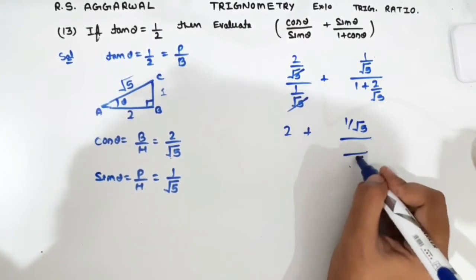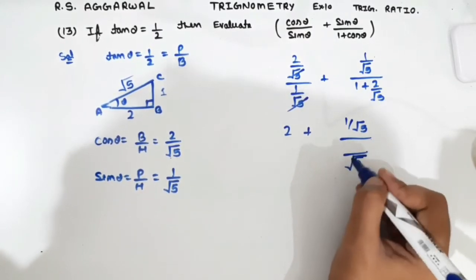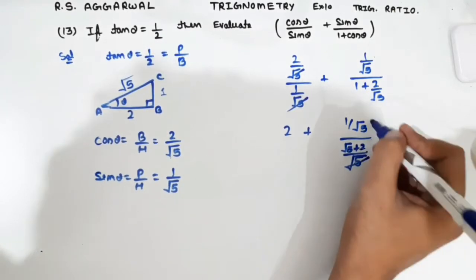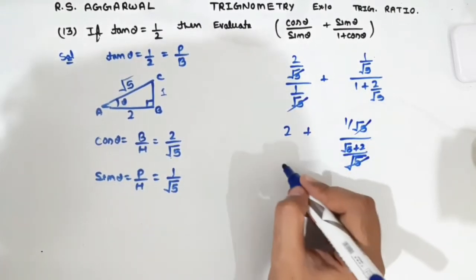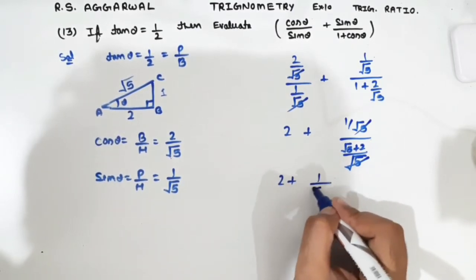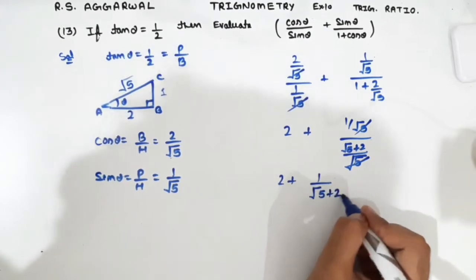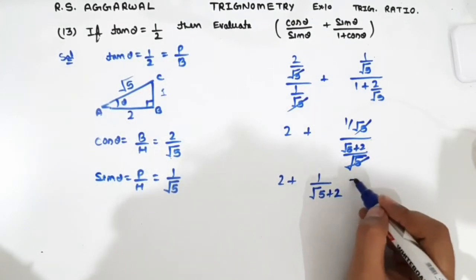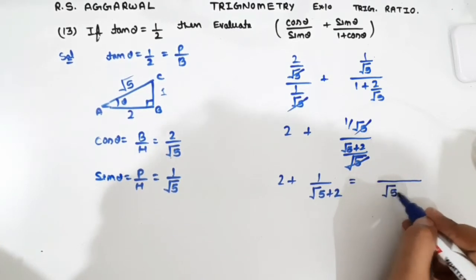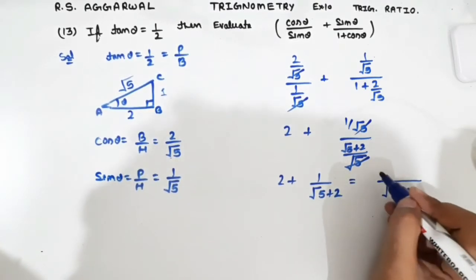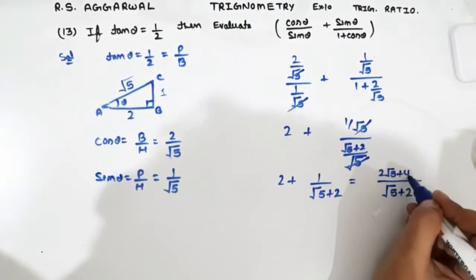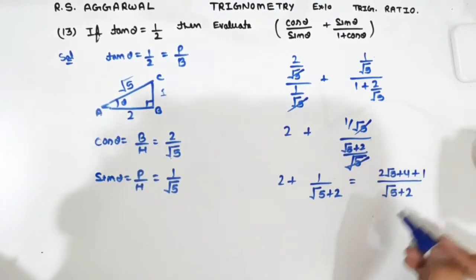Here root 5 will be LCM. So this will be root 5 plus 2. Root 5 will be cancelled out. So this will be 2 plus 1 upon root 5 plus 2. So root 5 plus 2 will be LCM. So 2 root 5 plus 4 plus 1.